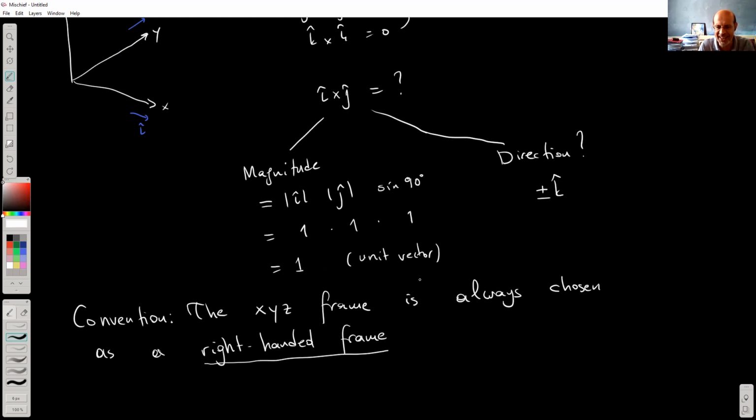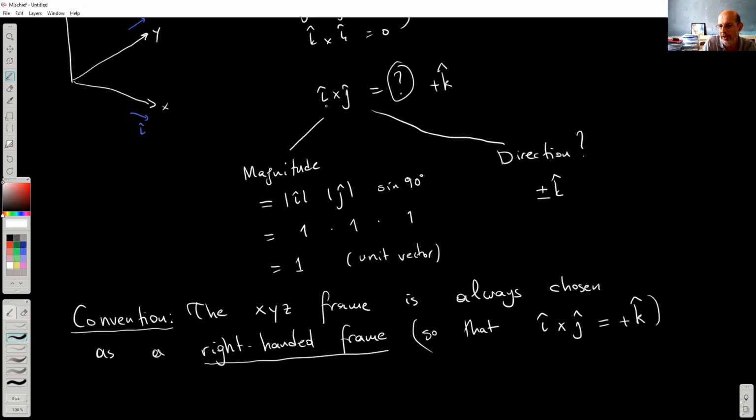Always we choose it like this, right? That's the convention. The XYZ frame is always chosen as a right-handed frame so that I cross J is equal to plus K. As a result, the answer to that question is plus K. It's a unit vector perpendicular to both I and J, and the minus sign doesn't apply.